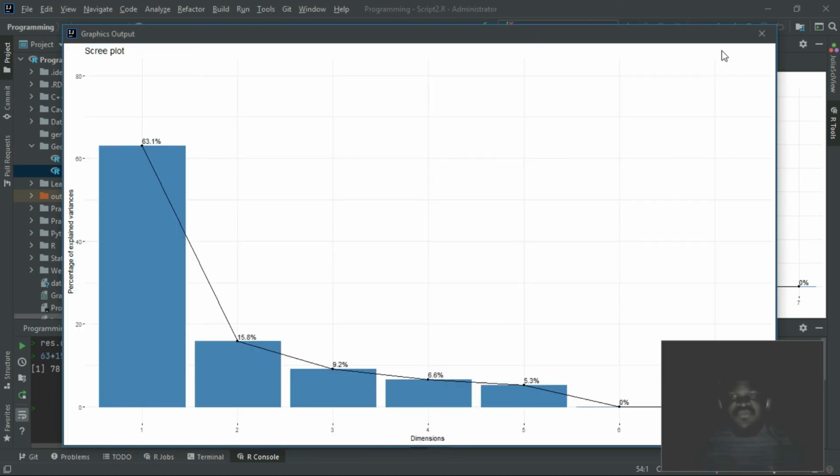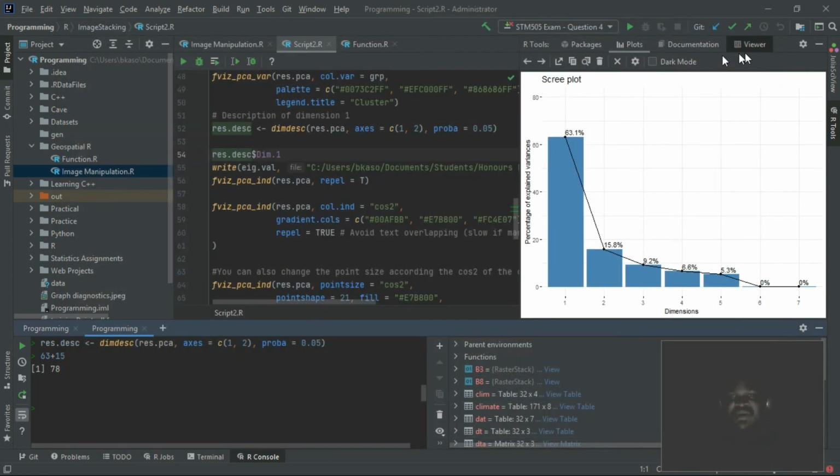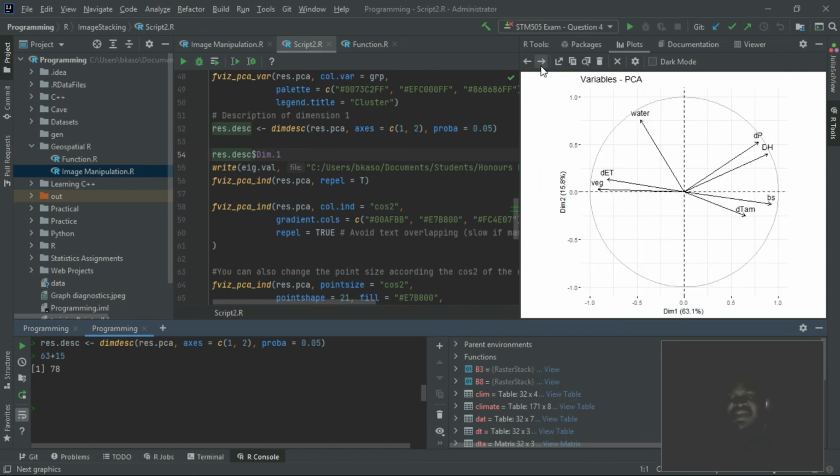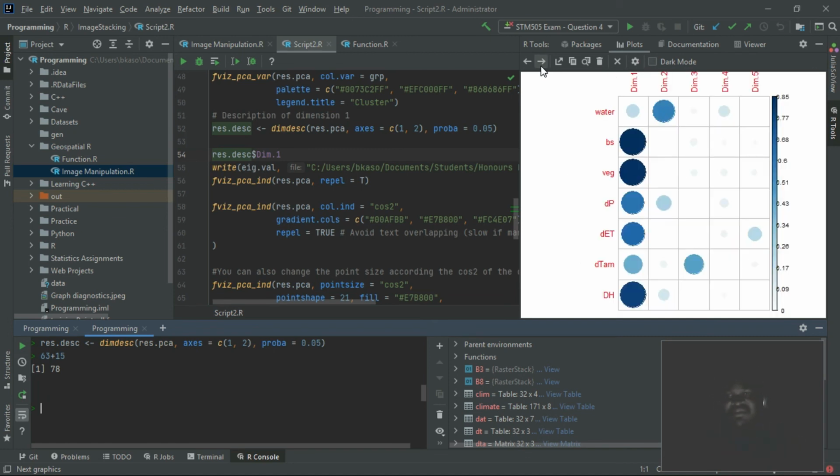So including the 5 variables that we identified in the 2 dimensions, we can have 78% of the information we need, or the explanation we need on the behavior of our data set, which is enough. If you ask me, you don't have to have 100% of your information. So if we include base soil, vegetation, DP, DH and water, with DT not being really important, we should have all the information we need.